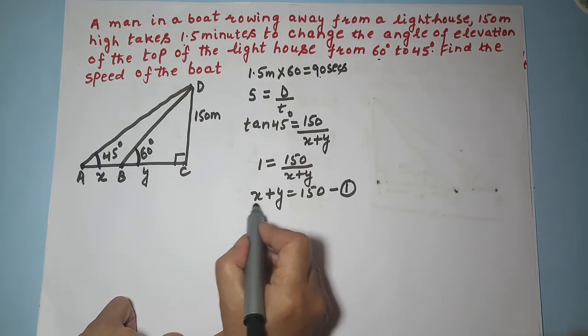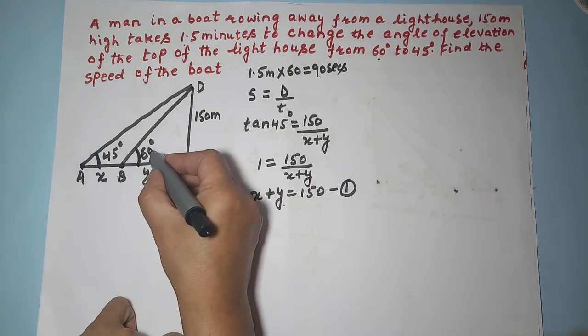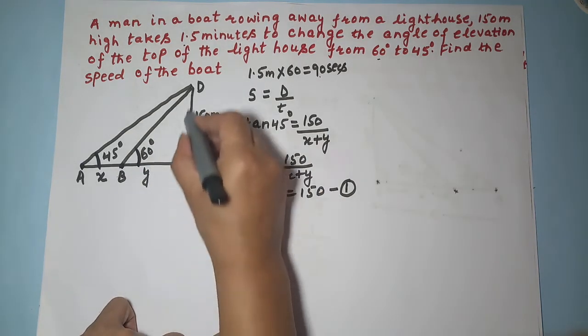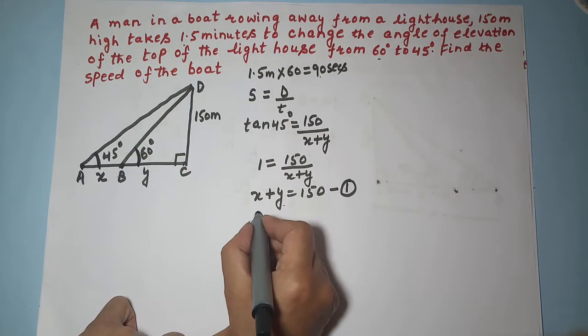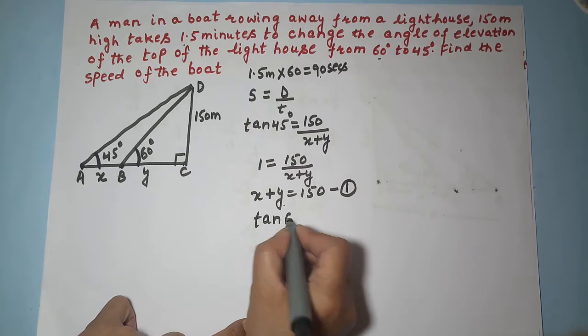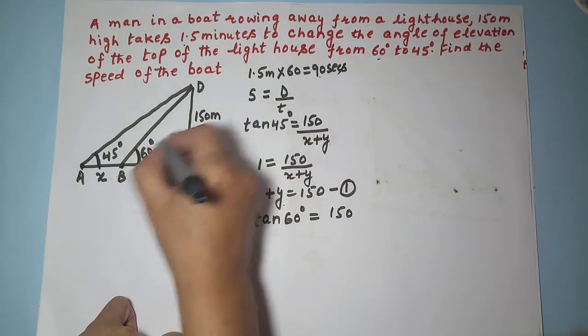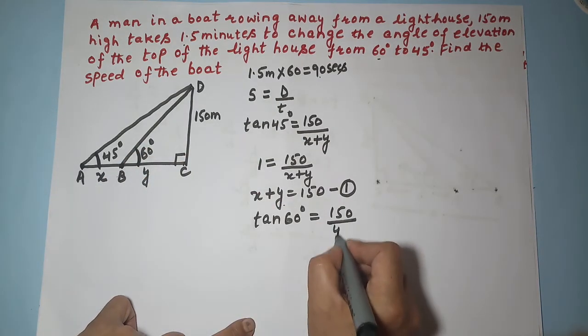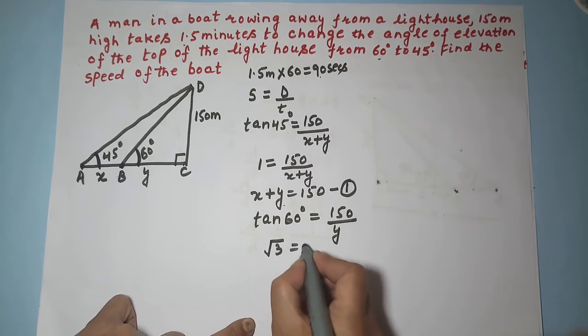Now I have to calculate the value of x, but I don't have y. So I'll try to calculate the value of y from this triangle. So in triangle DBC, I have tan 60 degree equal to opposite upon adjacent, that is 150 upon y. Tan 60 is root 3, equal to 150 upon y.